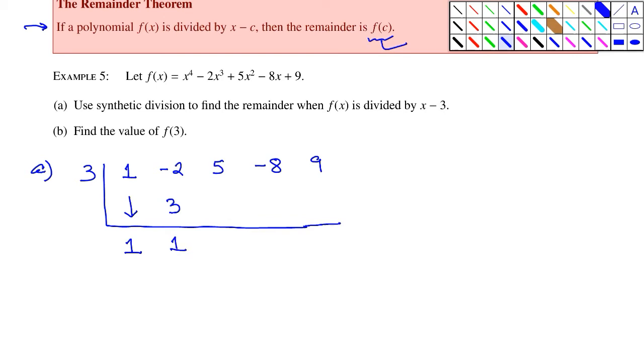Multiply. 3 times 1 is 3. Add 5 and 3 is 8. 3 times 8 is 24. 24 minus 8 is 16. And 16 times 3 is 48. Adding 9 and 48, we get 57. So the remainder when we do this division is 57.